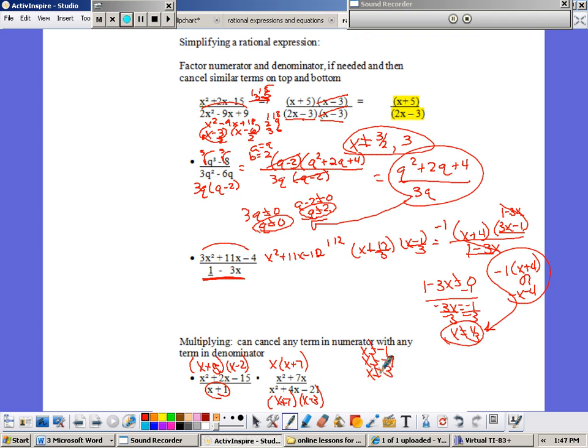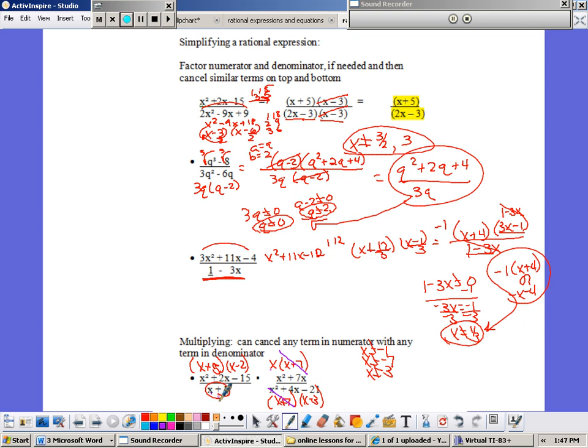And if you need to do them by setting them up, that's fine. Now remember, I can cancel any numerator with any denominator. So I have an x plus 7 here and an x plus 7 here, numerator, denominator. And that's the whole gist of everything. I cannot cancel this x with this x because this is attached to 1.